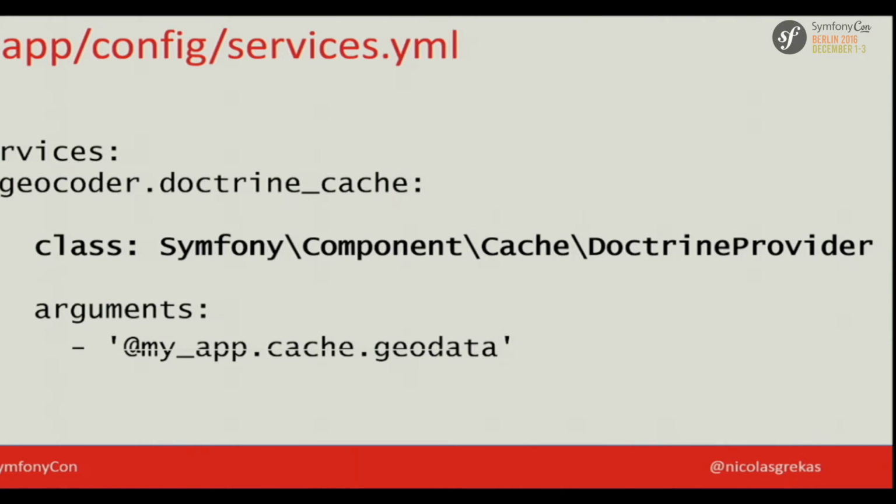We are just saying in our service YAML file, it's an instance of our Doctrine provider, and we inject there the geodata cache pool, the PSR-6 one. So this way, this new service, the geocoder Doctrine cache, is the service you should inject into the geocoder service itself so that it can store items through the Doctrine provider into the backends you configured previously.